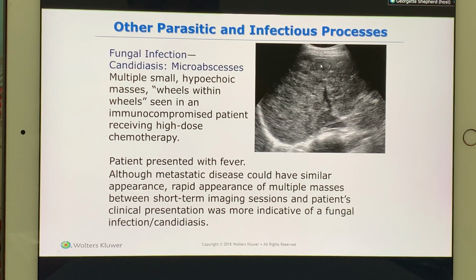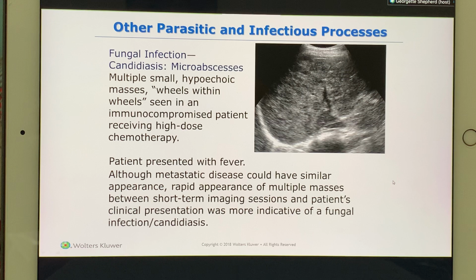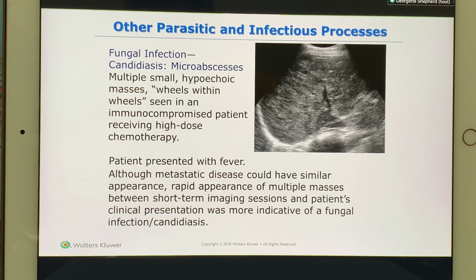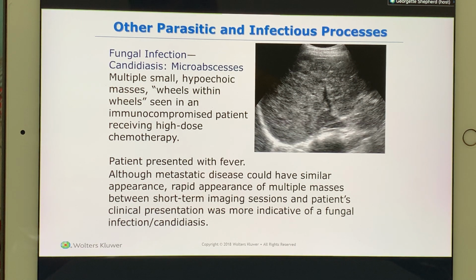Here's one, here's one, here's one. This happened to a woman who was immunocompromised because of high doses of chemotherapy. This also looks like it's metastatic, and we cannot tell the difference between metastatic or fungal infection. So we're going to have to just describe it as a heterogeneous liver.